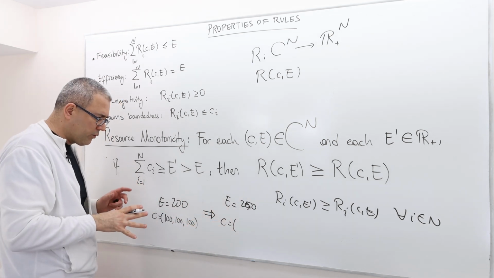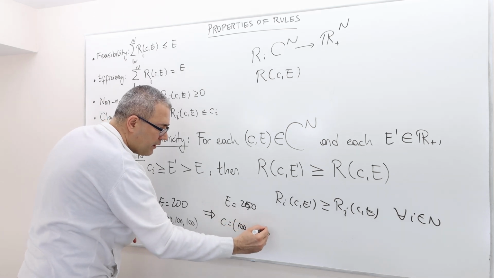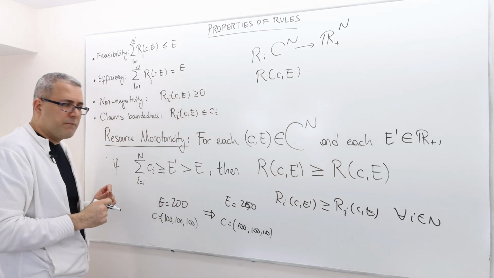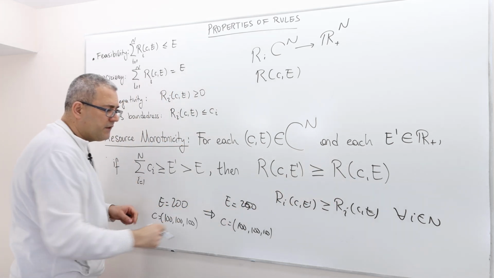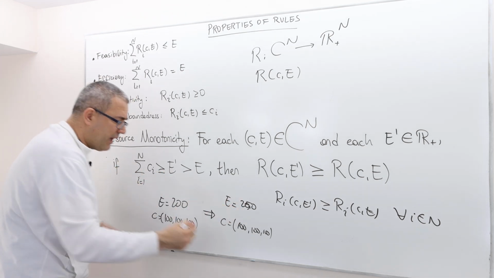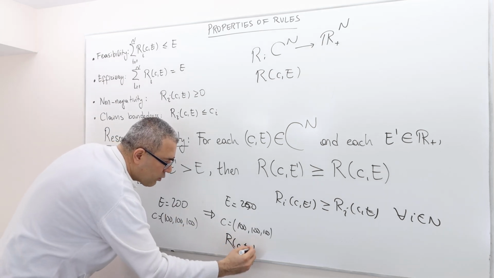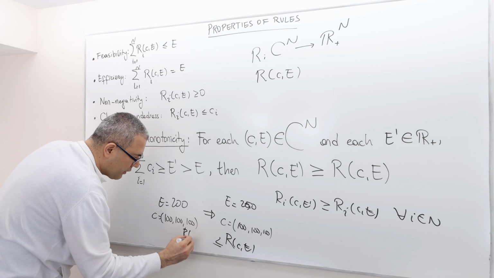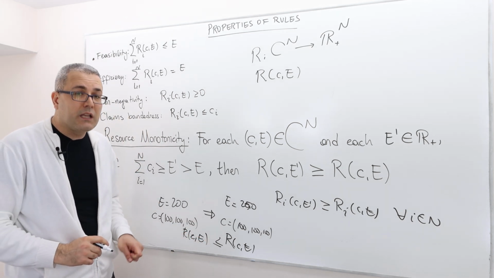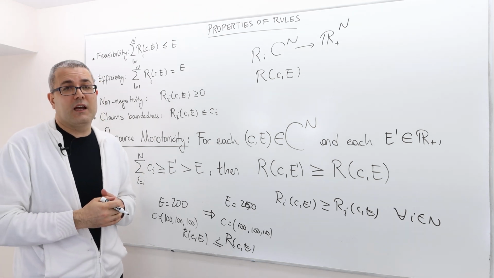That's very important. The claim must be the same under these two problems. The only difference is the surplus, and the surplus here must increase. Then whatever rule you're using, its award vector should be greater than or equal to its award vector under this claims problem. Okay, so that's what resource monotonicity is. I hope that was clear.